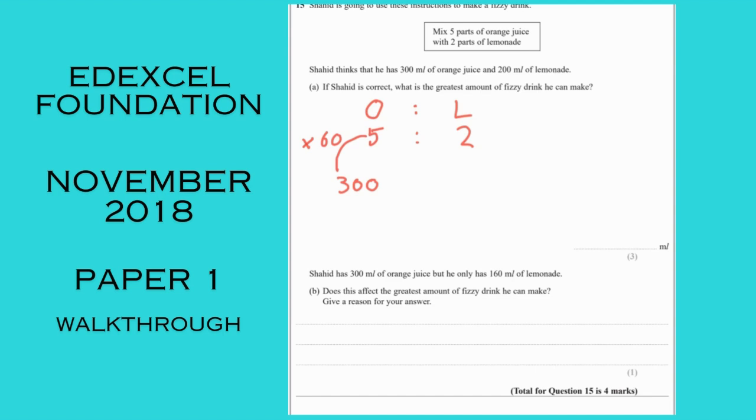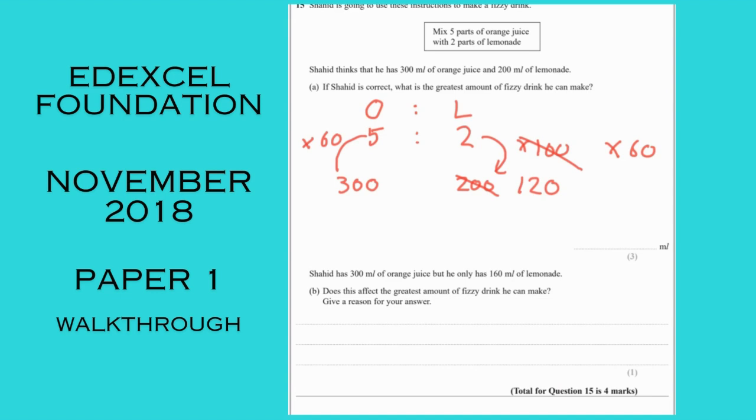Now, lemonade, he's got 200. That's a multiplier of 100. So he has much more lemonade in proportion than orange juice, and so we can't use that much. We're limited. We're going to run out of orange juice, so we have to stick with multiplying by 60, which means he'll actually use 120 mils of lemonade.